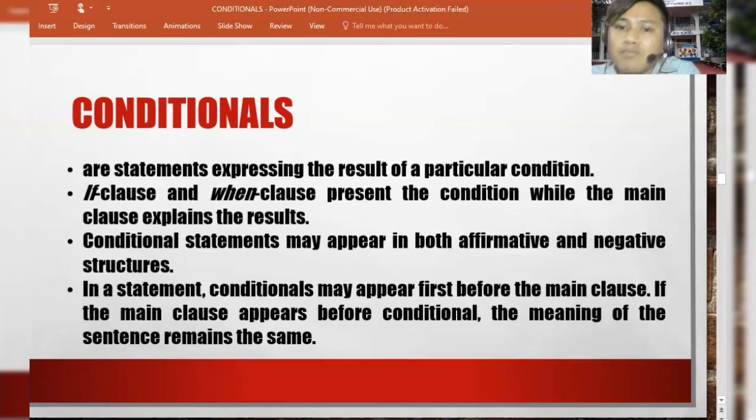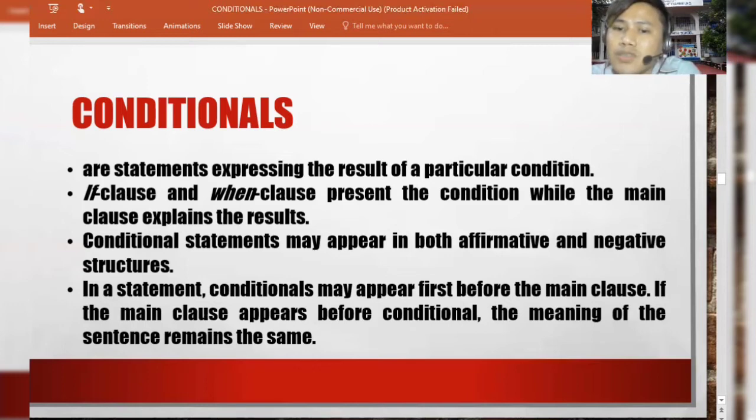So we have first the if clause, which is synonymous to the word condition, and the other part of our sentence is our main clause, or main verb, which is referred to as the result of that specific condition being given beforehand.